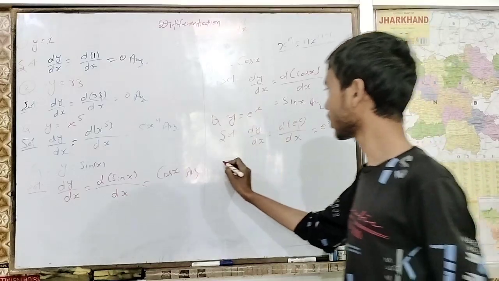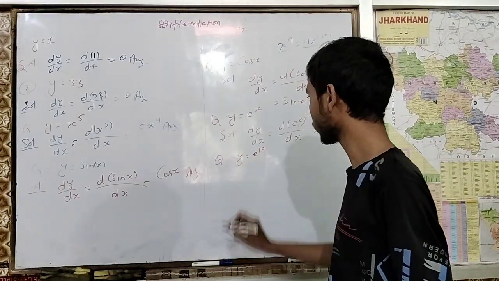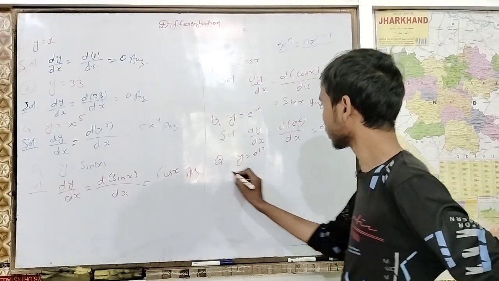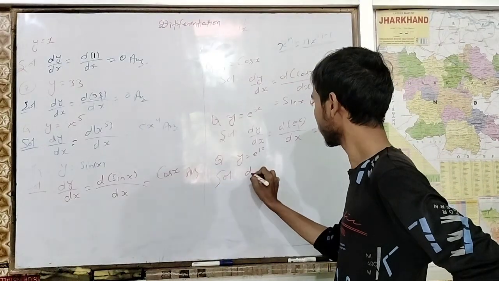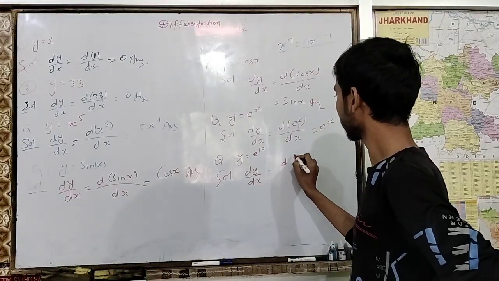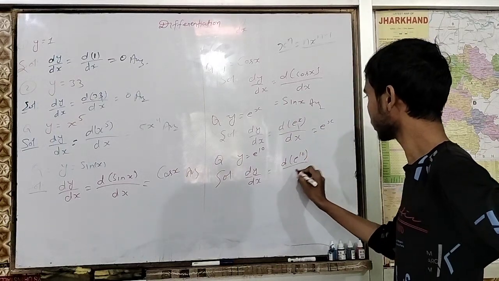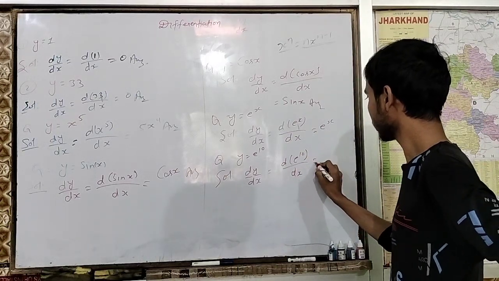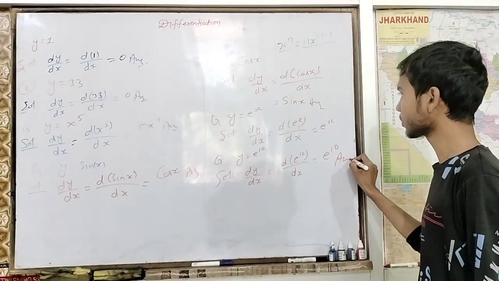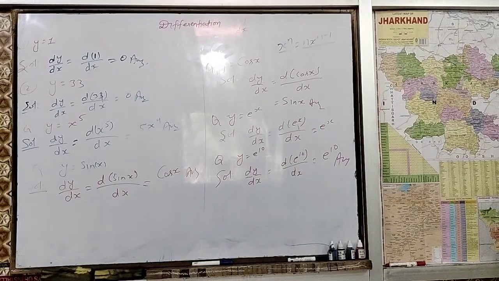If this is e raised to power 10, in that case what will happen? dy upon dx is equal to d into e raised to power 10 upon dx. It should be as is. That is what I am trying to tell you. This will be as it is.